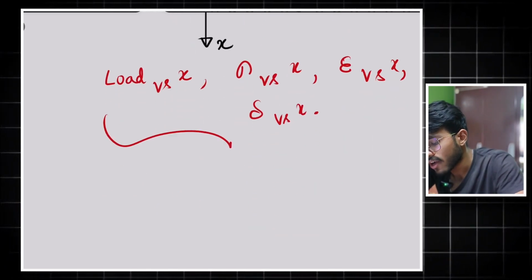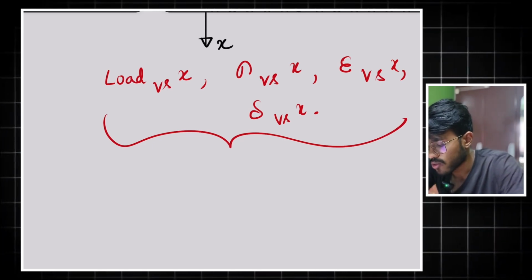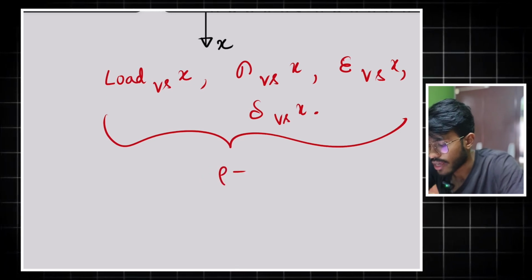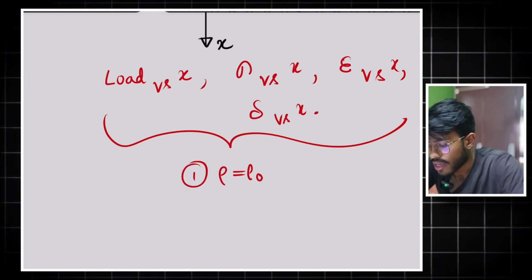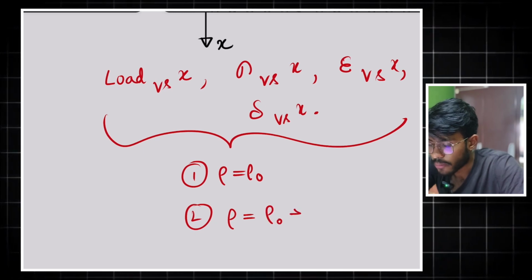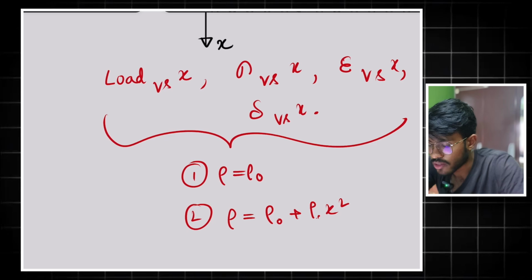These four things you have to draw for two cases. One is where rho is constant, rho naught. Second case, rho is a function like this, rho naught plus rho 1 x square.